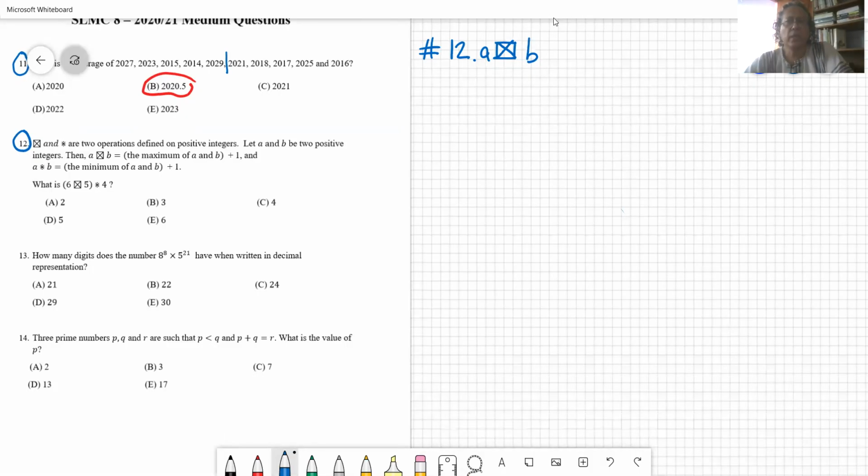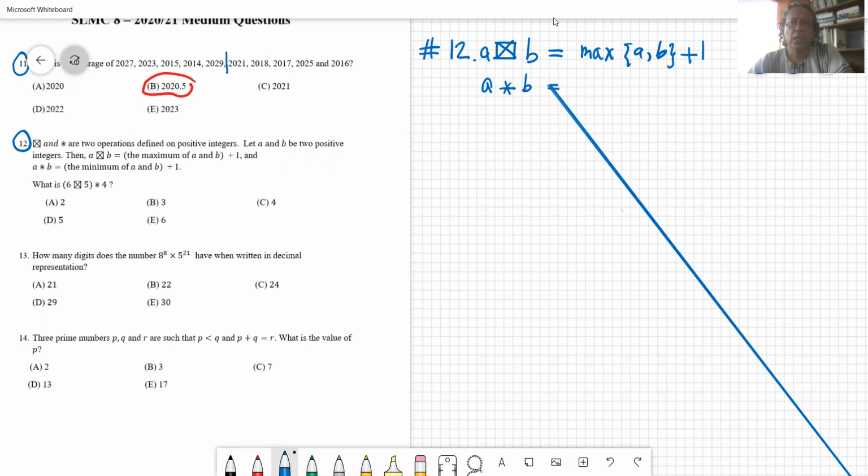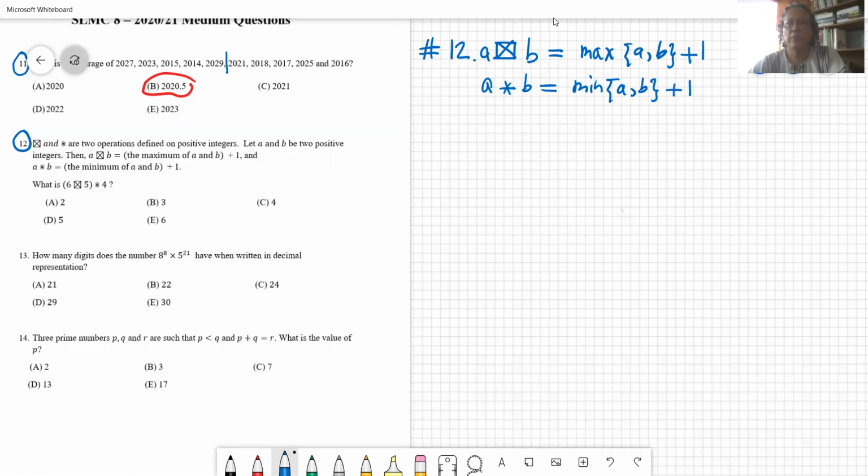So A box multiplication B is you pick the maximum of A and B and add 1. And then we have A star B, and here we pick the minimum of the two numbers and add 1.